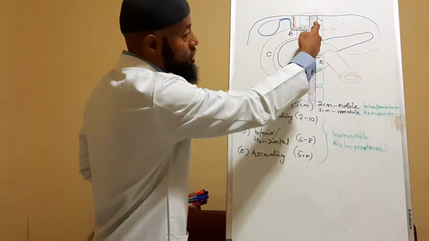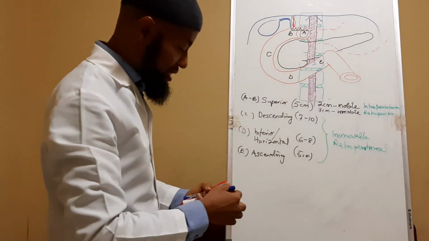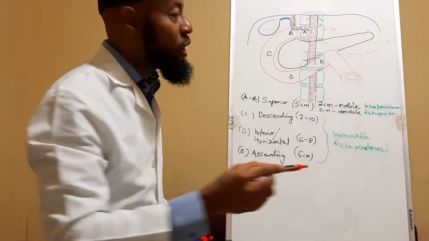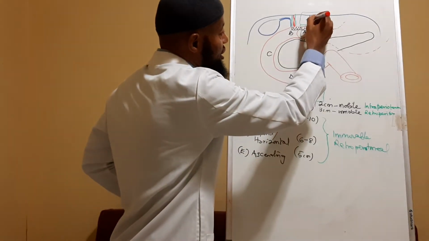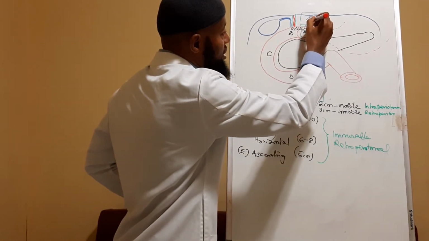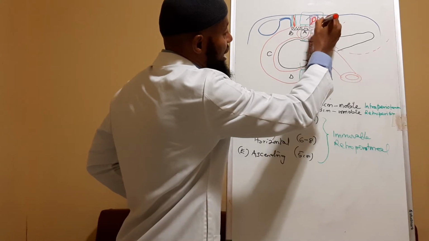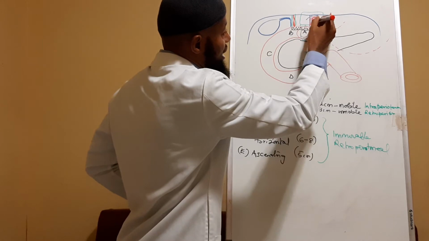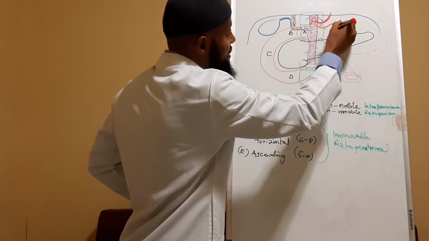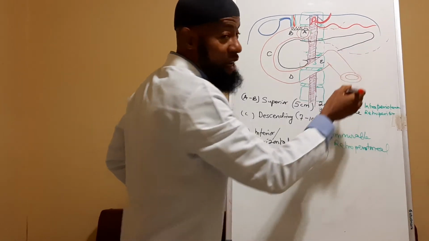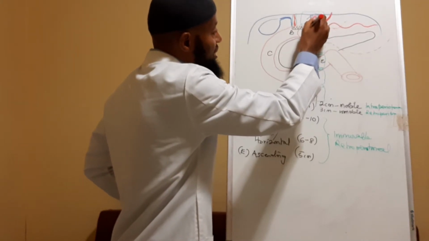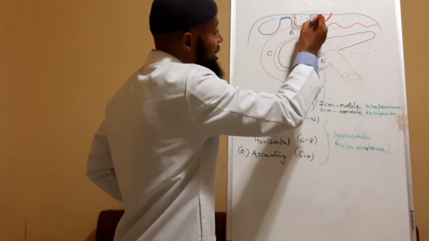And the celiac trunk is somewhere here. Remember that the celiac trunk branches at the level of T12. So this is our celiac trunk, which gives a left gastric artery, and then it gives the splenic artery, and here you have the common hepatic artery.